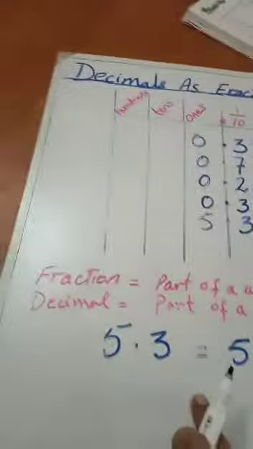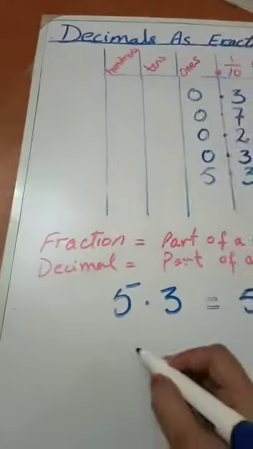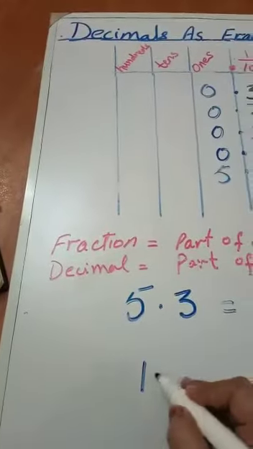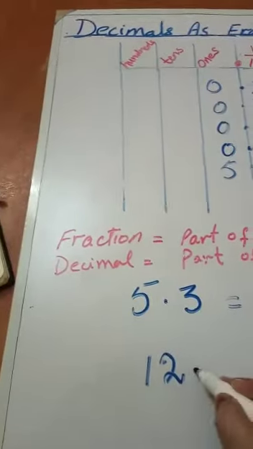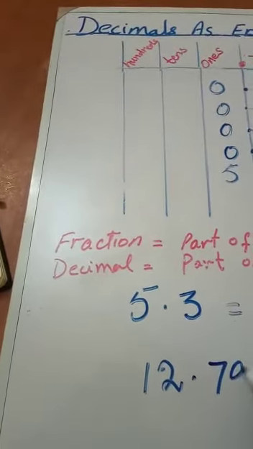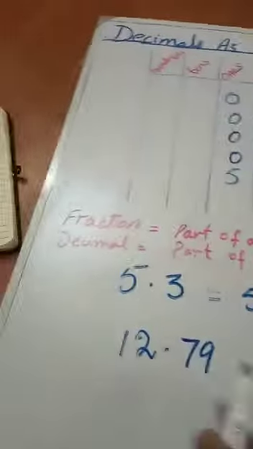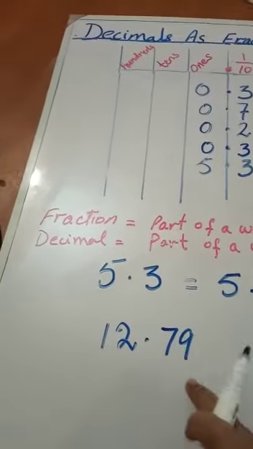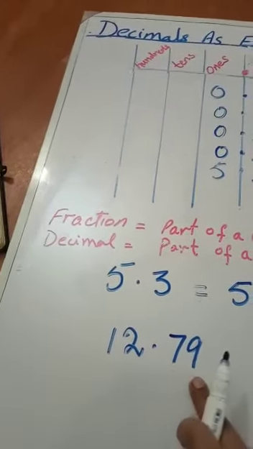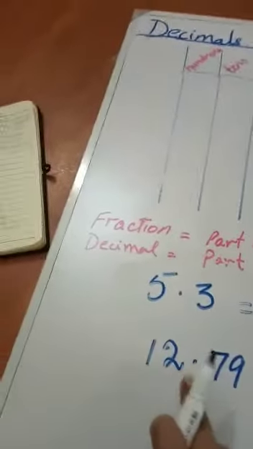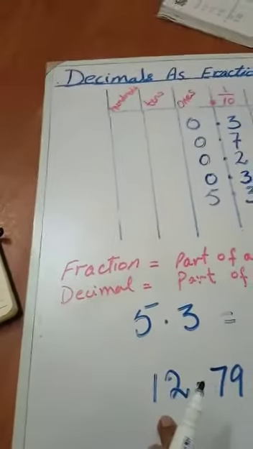So I give you one more example. It is 12.79. Now you can see that there are two decimal places after decimal and a whole number also.